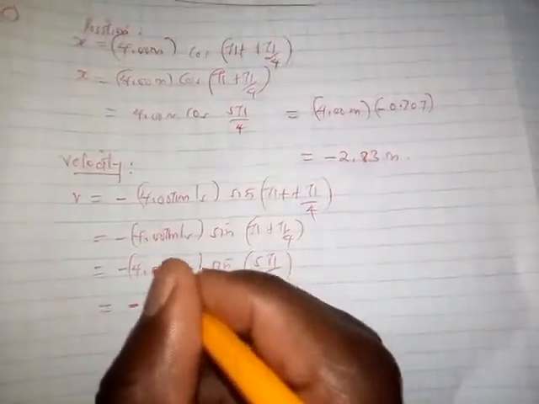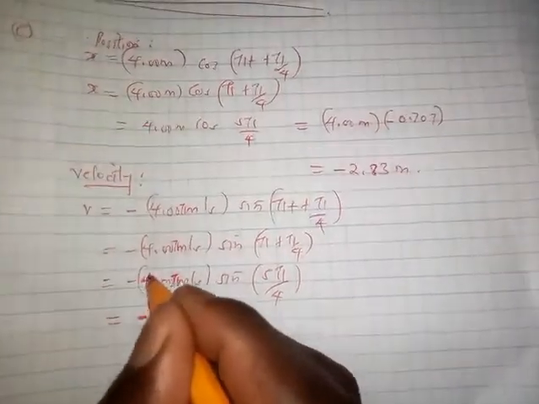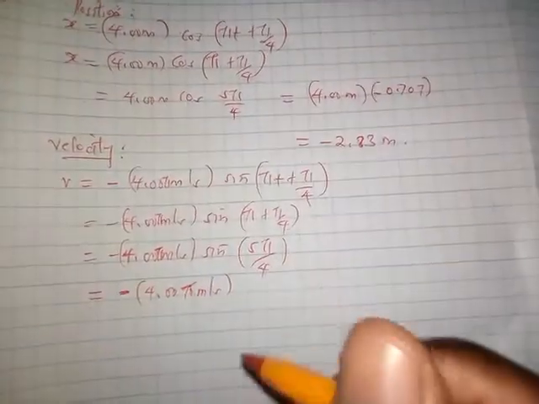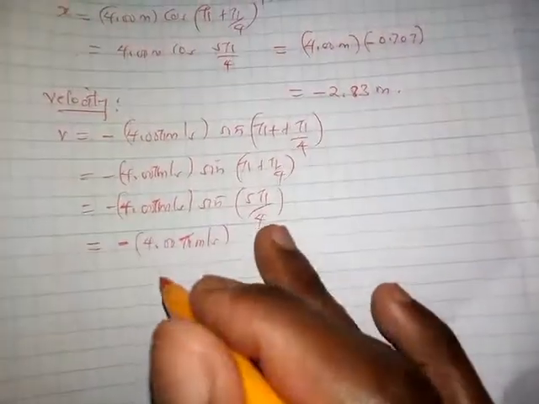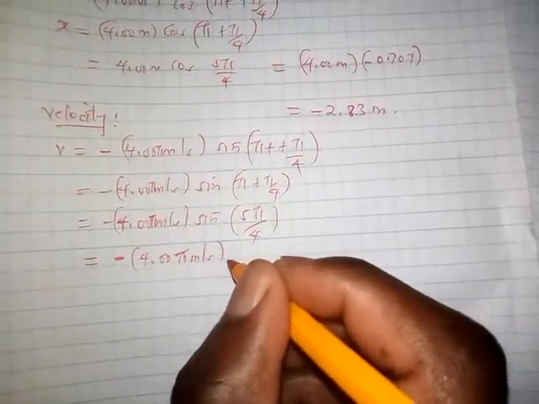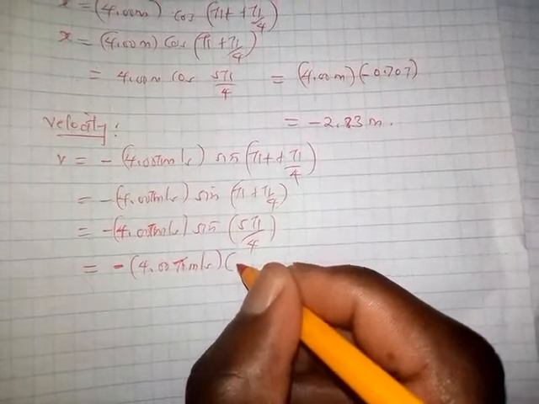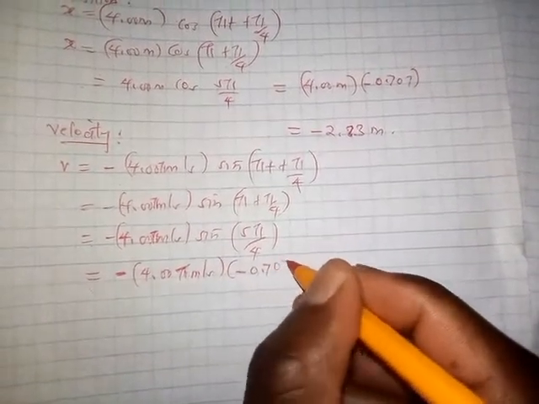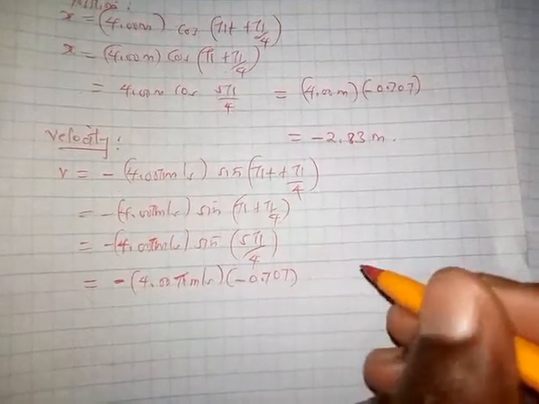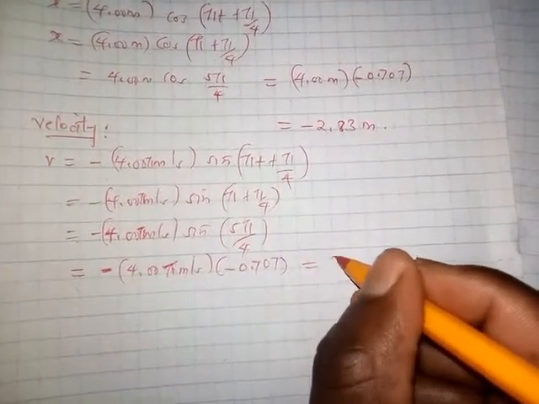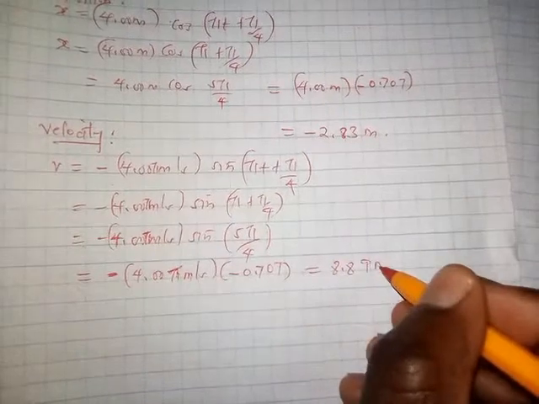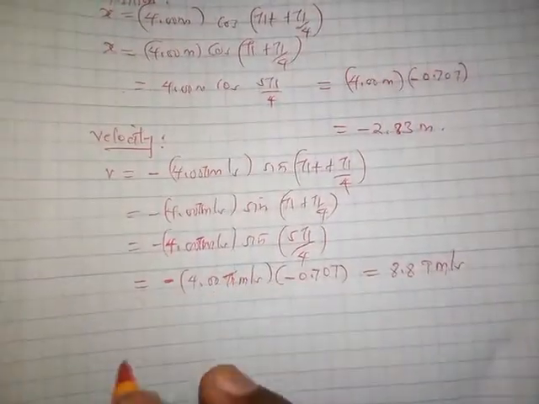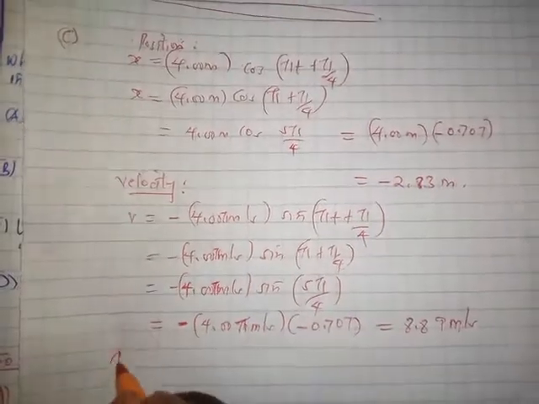Sorry for that. I had omitted this pi. I had forgotten to write it, but I've rectified. Then times negative 0.707, which gives us negative 8.89 meters per second.